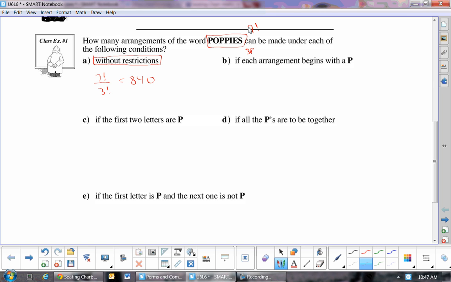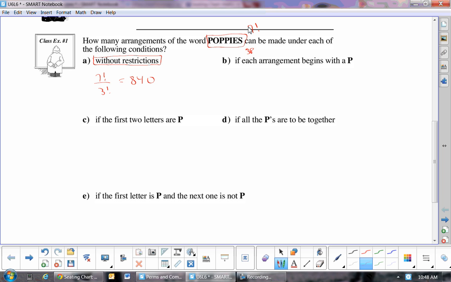Now, if each arrangement begins with a P, in other words, if this was a password, and I just used the letters from poppies but mixed them all up, and you gave me the first letter as a P, does that help me a lot?